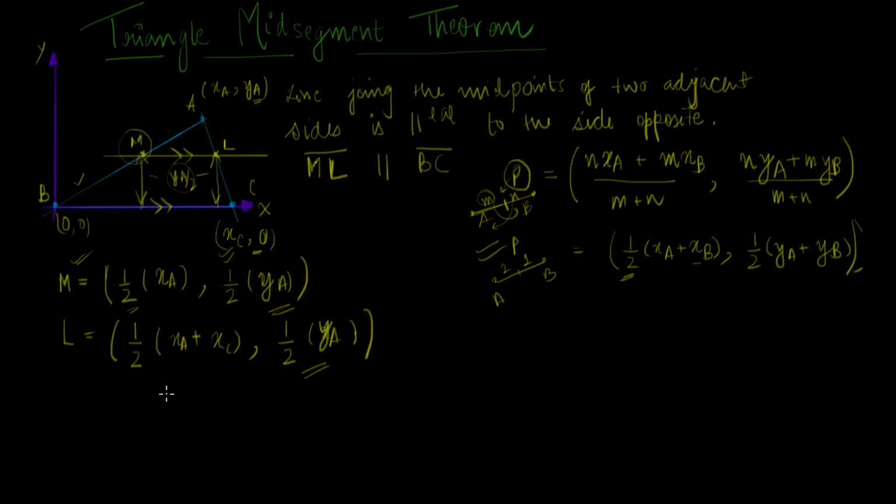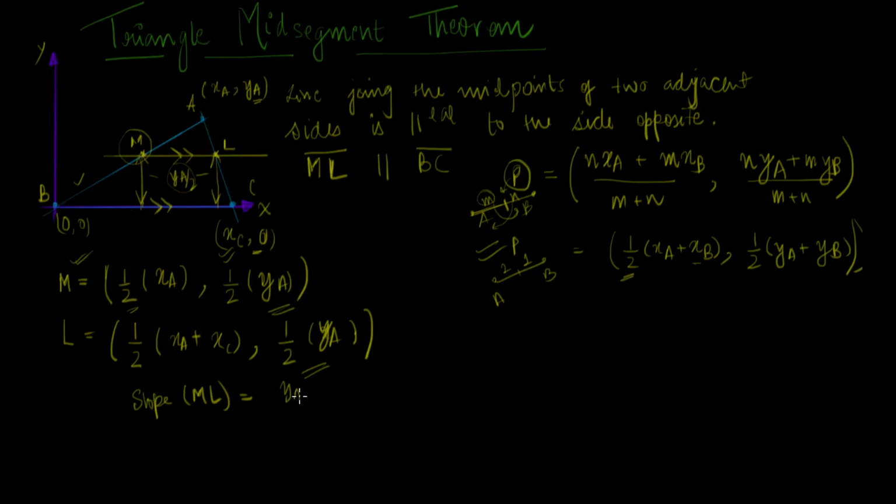The other and more concrete way to actually confirm that the line ML is parallel to BC is to equate both the slopes, or we can test that both the slopes of ML and BC are the same. So let us calculate the slope for ML. Slope is nothing but the gradient, and since we know the y components of M and of L, we just need to subtract them and divide by the difference in the x components.